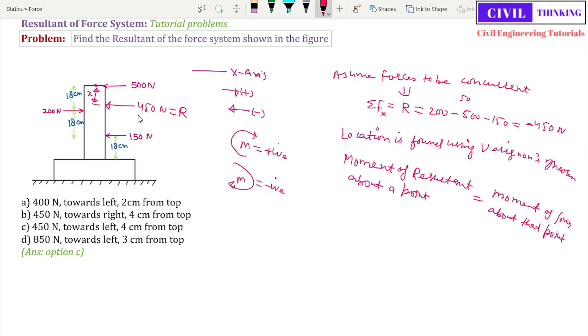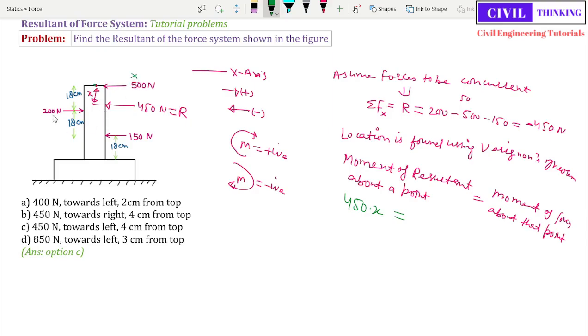Now 450 Newton is the resultant, and it is going to exert a moment like this at this point, which is clockwise, so it is positive. So what is the moment of resultant about this point? It is force multiplied by normal distance, it is 450 multiplied by x. Now we will not consider the moment of 500 Newton because it is passing through this point. It will be 0, so we will not consider it.